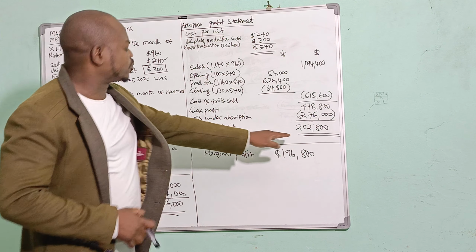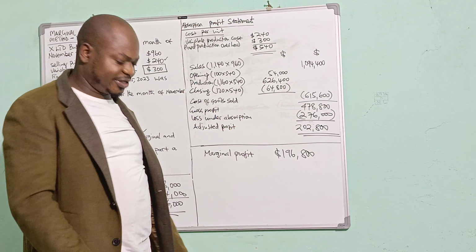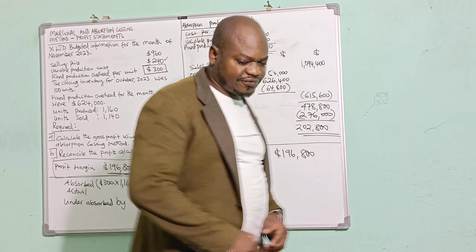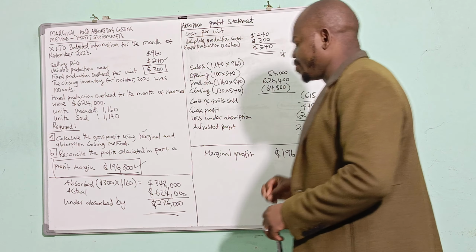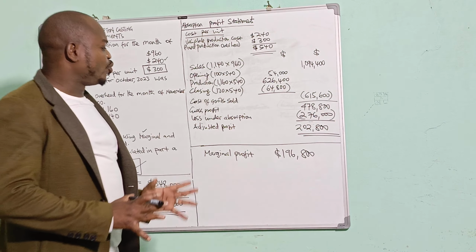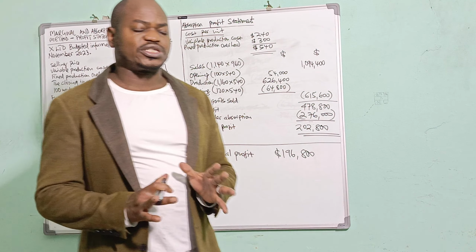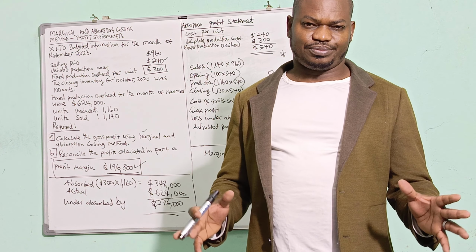Of course, we would have seen that the absorption costing method recorded a higher profit. That's what I want to justify. Why did the absorption cost method record the higher profit? And in what circumstances do we expect absorption costing method to record a higher profit figure than marginal?